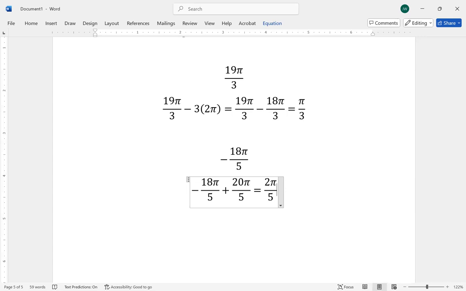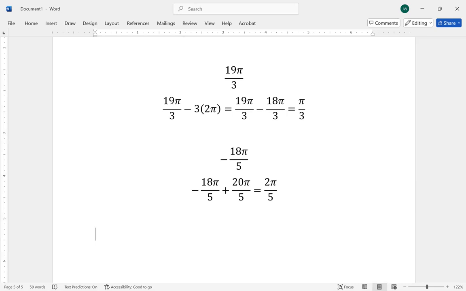Again, I did this in the exact way, so I got exact answers. You can also do this in a rounded way if you're looking for approximate answers. Just keep adding 2 pi over and over again.